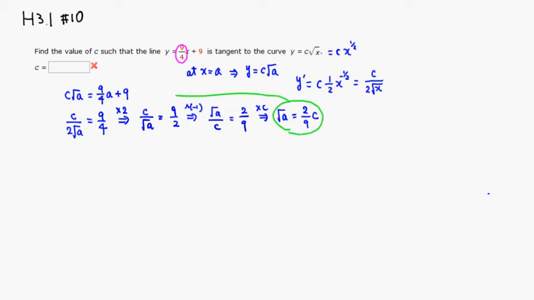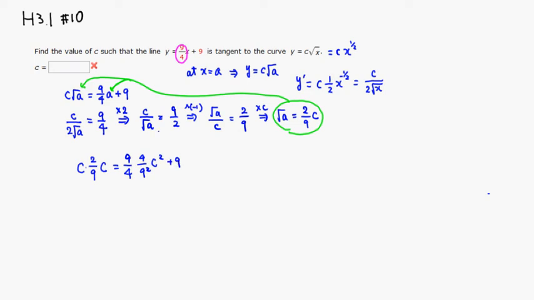Then I'm going to plug this in here, and also we can plug it in here too. This is a, so we just have to square that. So let's put that in. c times square root of a, which is the same thing as 2 over 9 c, is equal to 9/4. And a is just the square of this, so it's going to be 2 squared would be 4, 9 squared, and the c squared, and a plus 9.